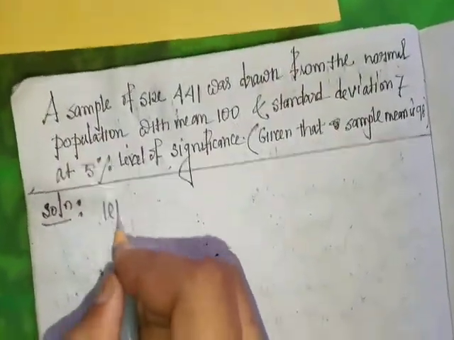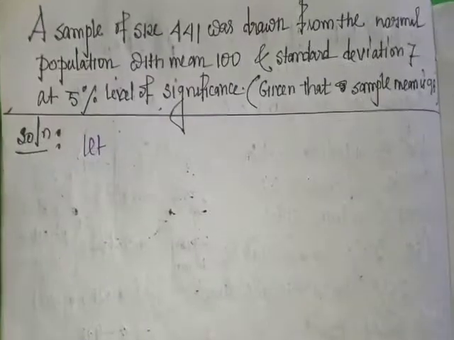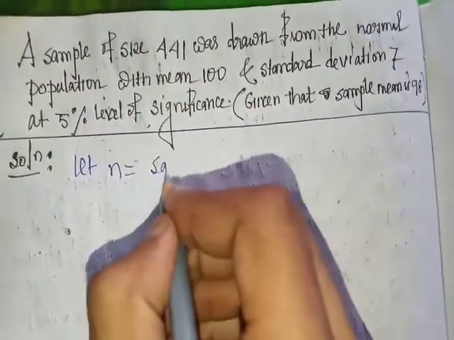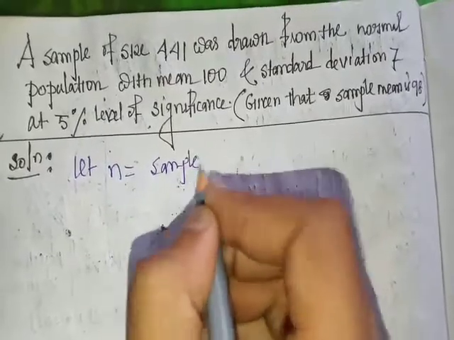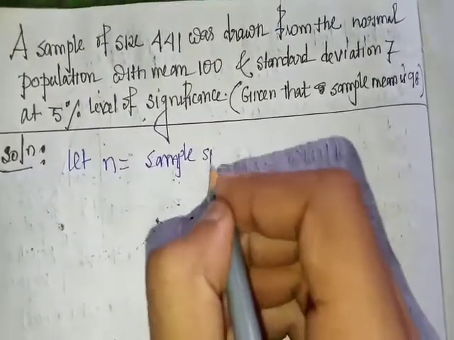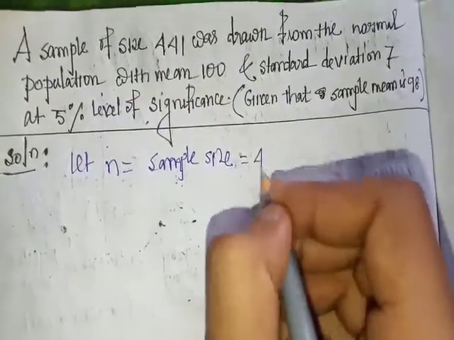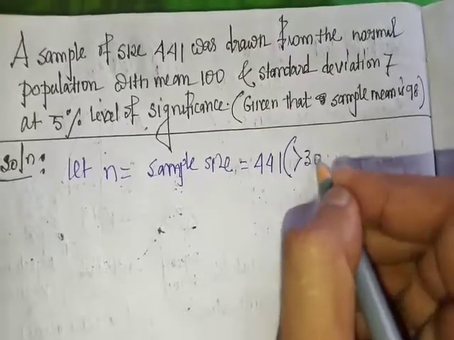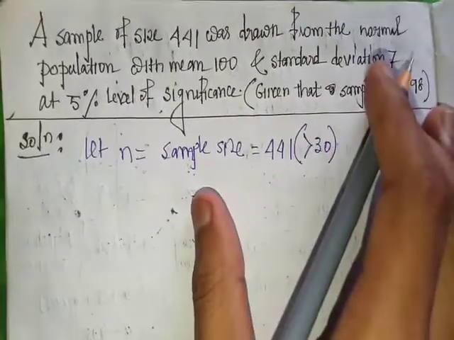So, solution. Let n equal the sample size, which is given as 441. This is greater than 30, so we use a large sample test.